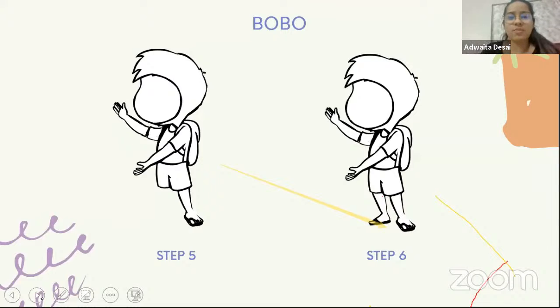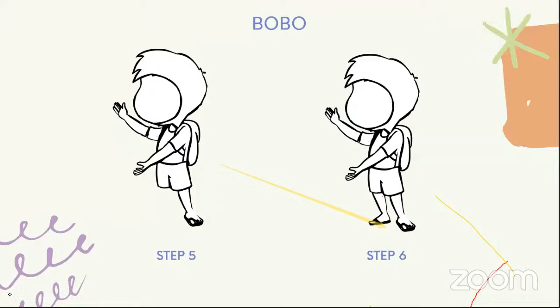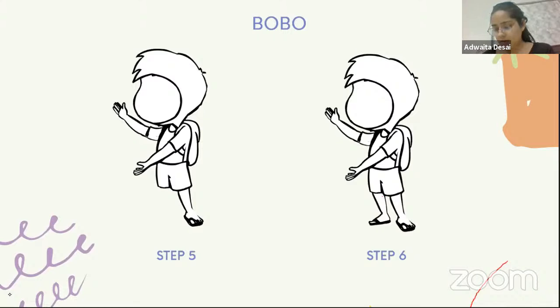We will go to step number 5 and 6 where we have to draw the legs. Last 1 minute to finish the legs.